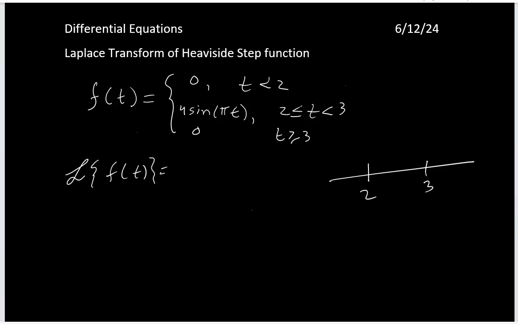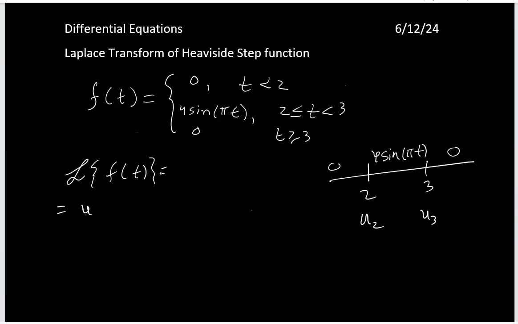So the function value between 2 and 3 is 4 sine pi t. Right side of 3 is 0 and left side of 2 is also 0. So then the form of the Heaviside function will be very simple here. This one is u2 and this is u3.